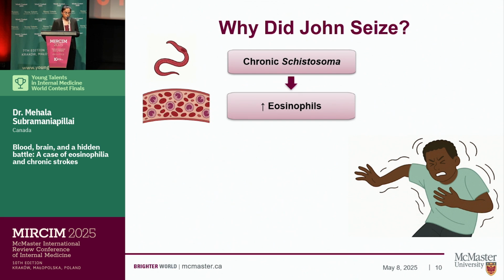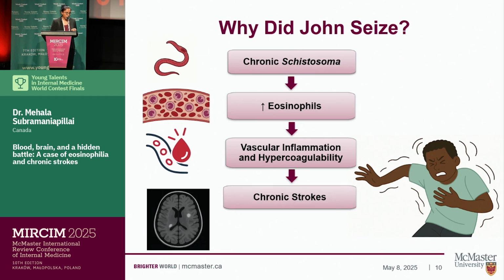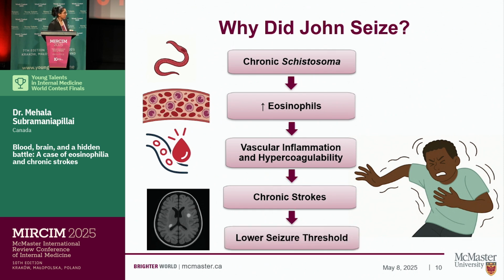This, in turn, over time, led to tissue infiltration by the eosinophils, vascular injury, and finally, to a hypercoagulable state. These hypercoagulable states then led to multiple chronic infarcts, which remained silent up until the damage accumulated enough to lower John's seizure threshold, bringing him to the emergency department with his first seizure.